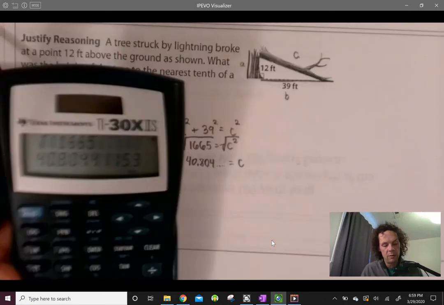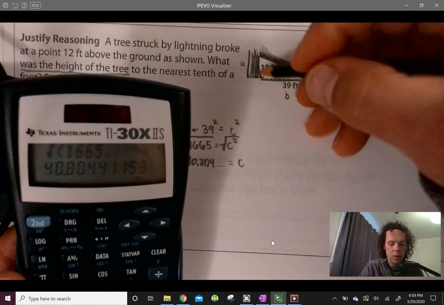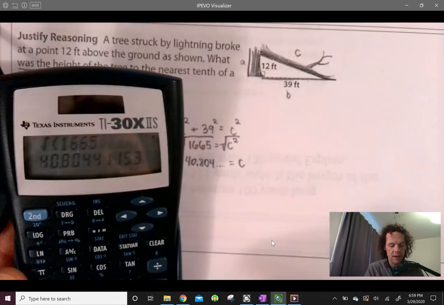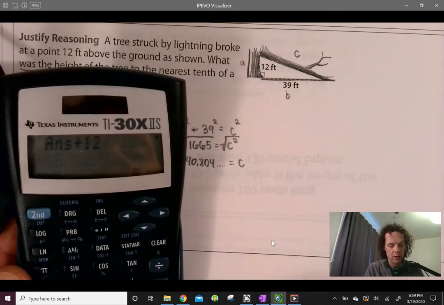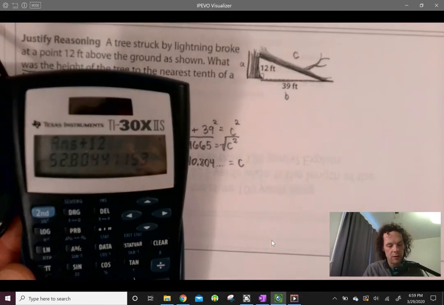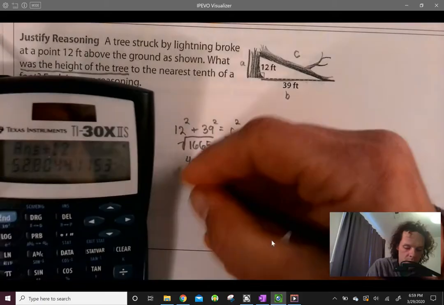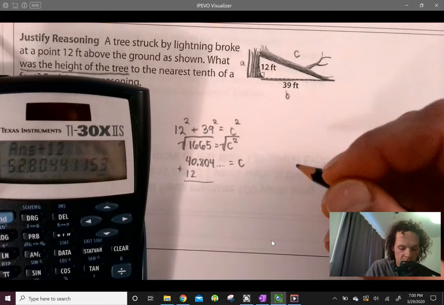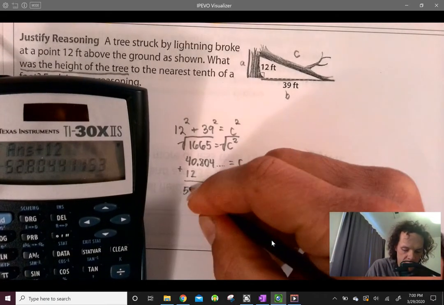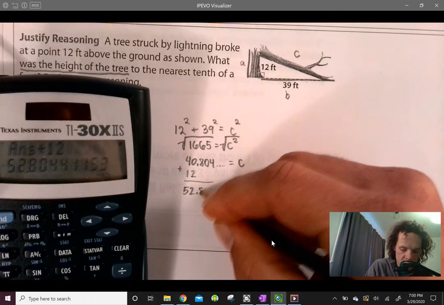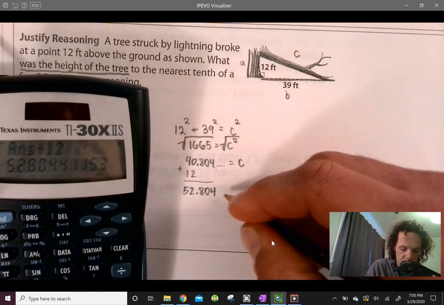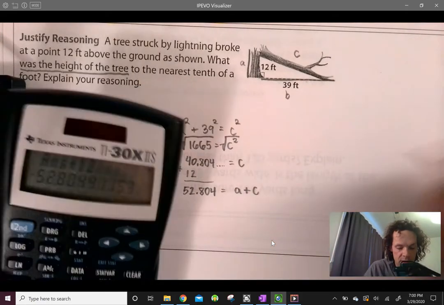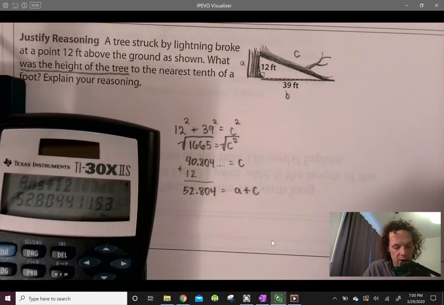I'm not going to take that out. What I'm going to do is add that to the height of the piece that's still standing. So I'm going to add 12 equals 52.804. Okay, so if I add the 12 that's still remaining, I'm left with 52.804 equals A plus C. That should be the height of the tree to the nearest tenth of a foot.